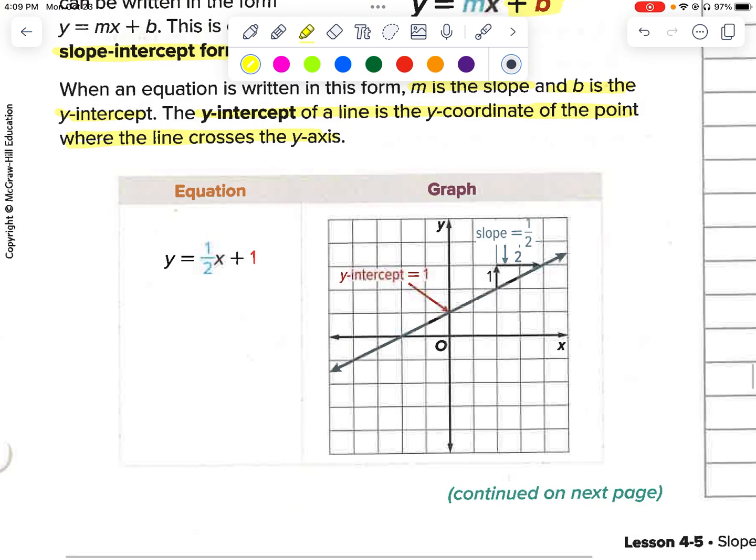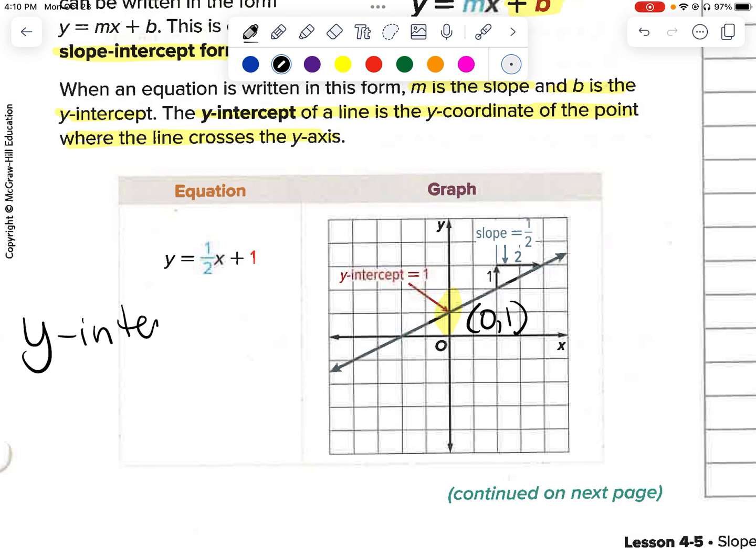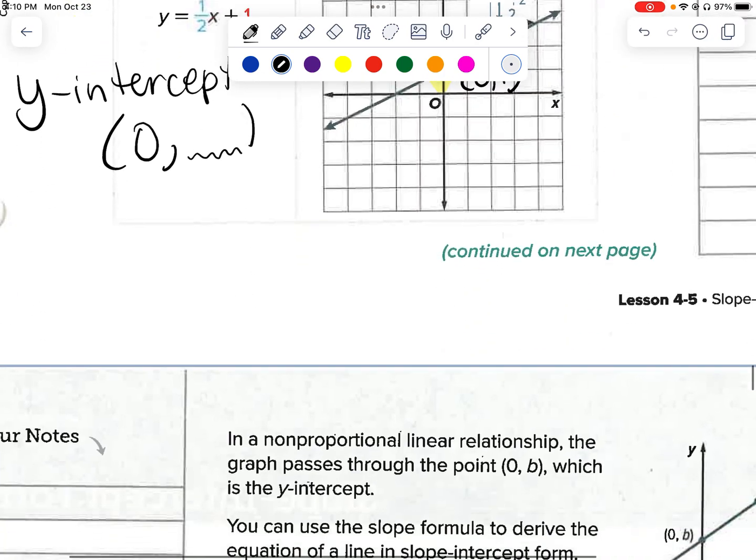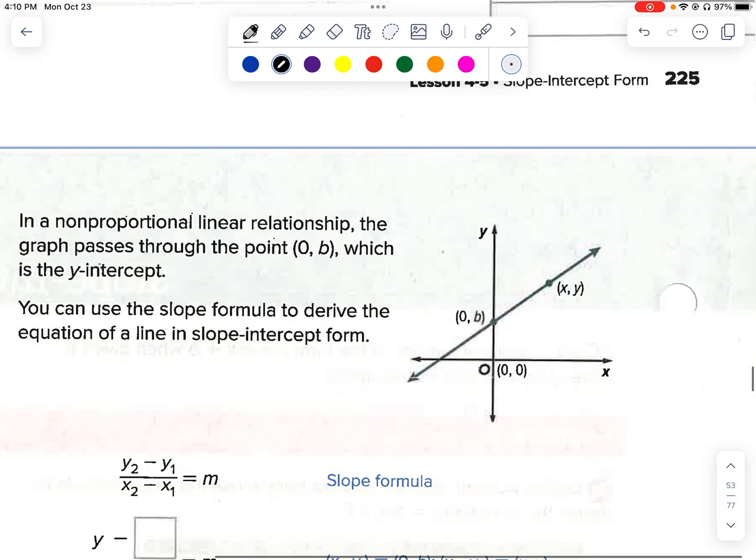So if I'm looking at this line, this point right here, that's the y-intercept. That point is the point 0, 1. So anytime you have the y-intercept, it's going to come from the point 0, and then you're going to put a number here. Okay, so we're going to look at this, okay?